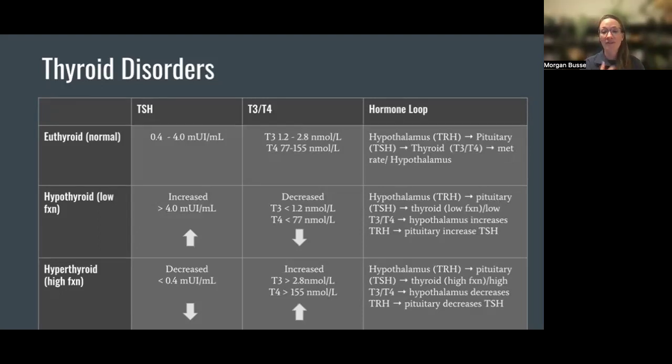When we have low levels of these hormones, the hypothalamus responds by producing more TRH, stimulating the pituitary, and then the pituitary responds by saying, hey, thyroid, you need to produce more active hormones. So the pituitary secretes more of that thyroid stimulating hormone, TSH, to get the thyroid to work.